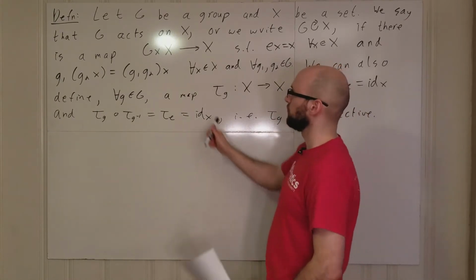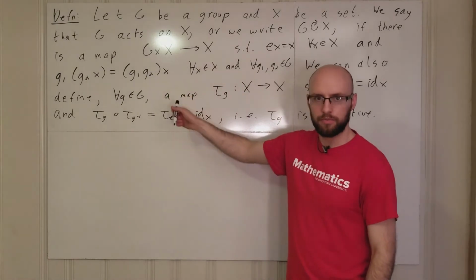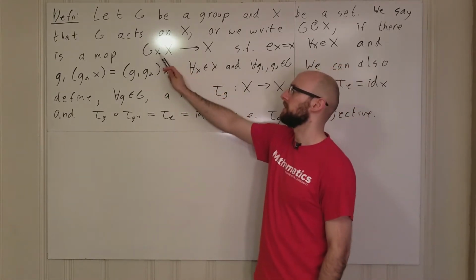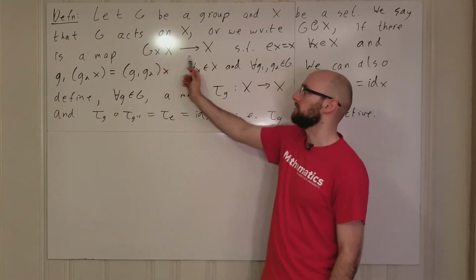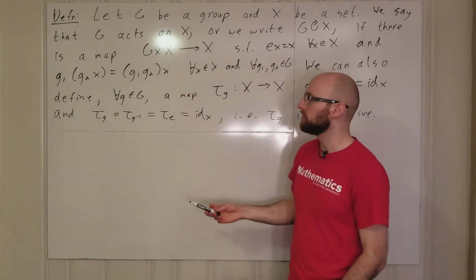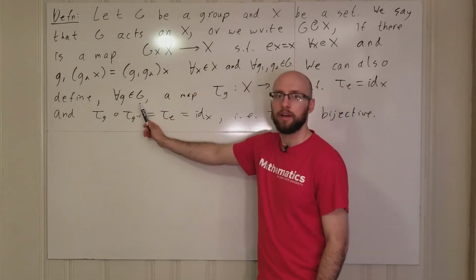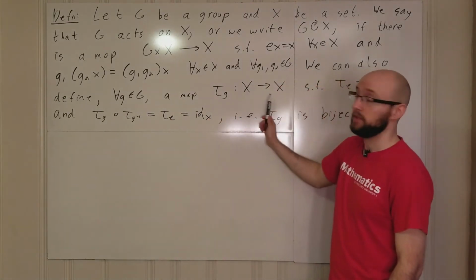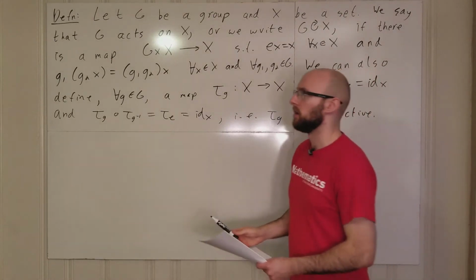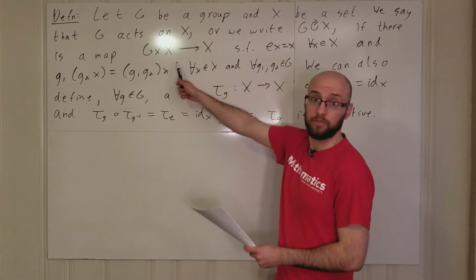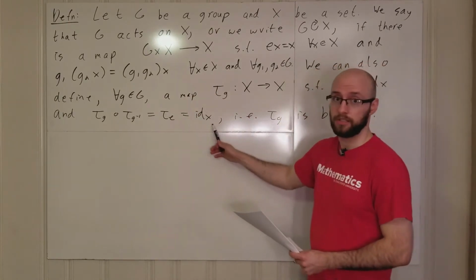So instead of defining group actions as a function that takes an element of G and a function from G cross X to X, you can think of it as a function from G to functions from X to X. So it's just whatever comes more naturally to you. I like the first way, but this way is just as good.